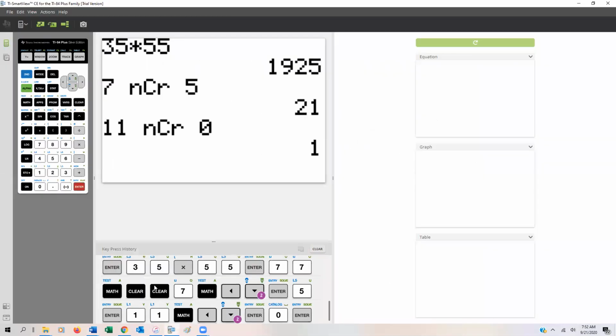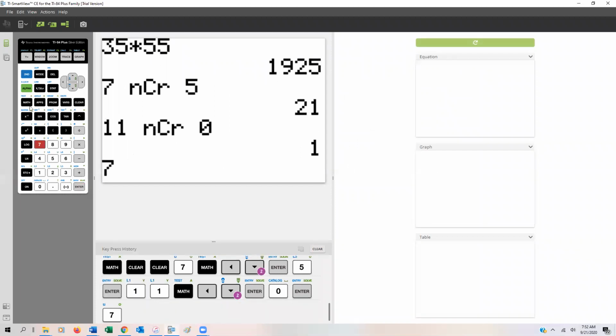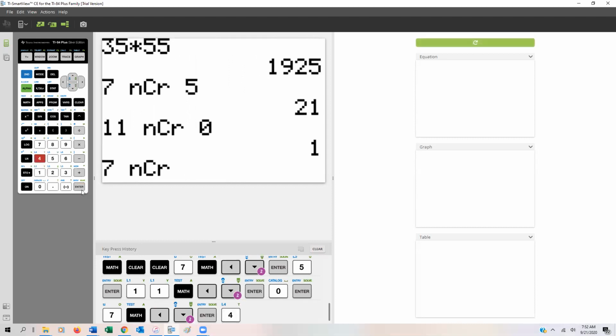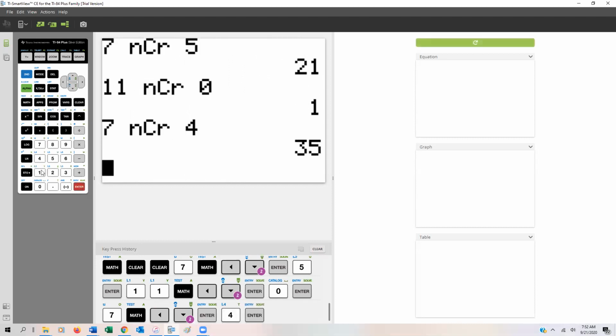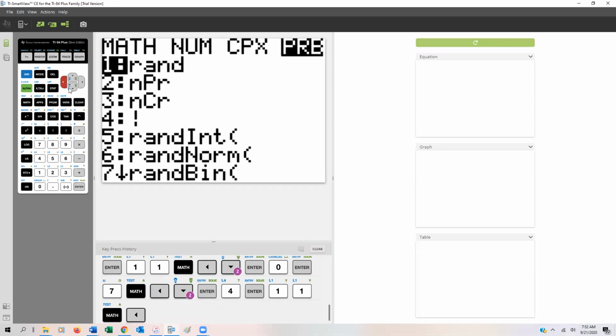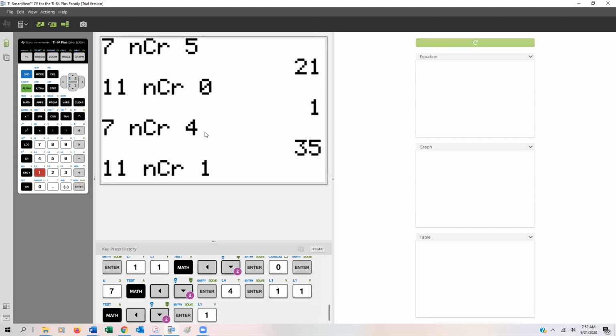So we're going to do 7, 4. So 7 math 4 is 35, and then 11 math 1. It's going to be 11. And another trick is that if the second number is 0, you get 1.